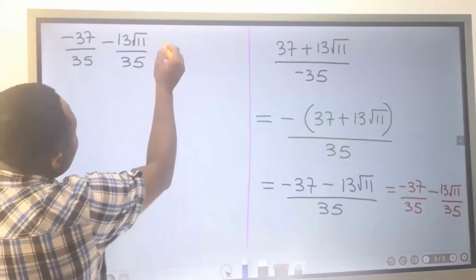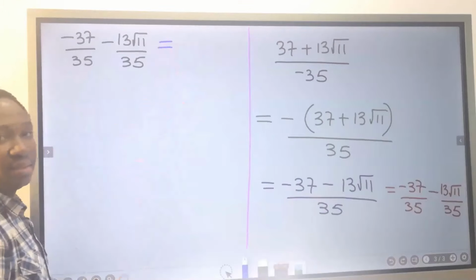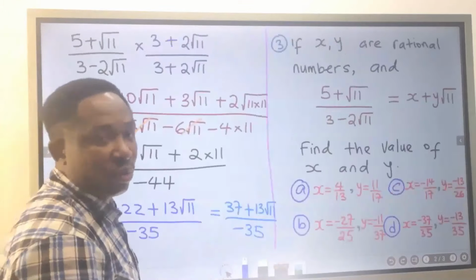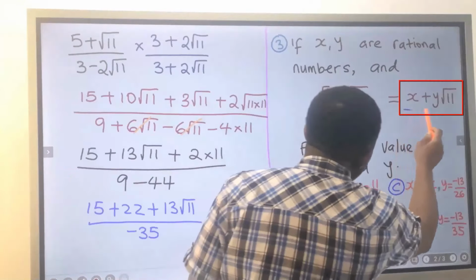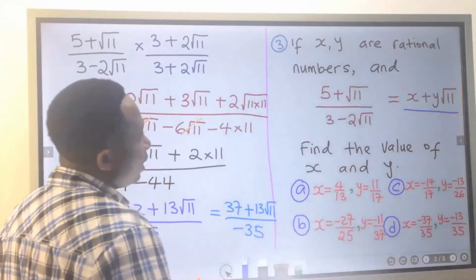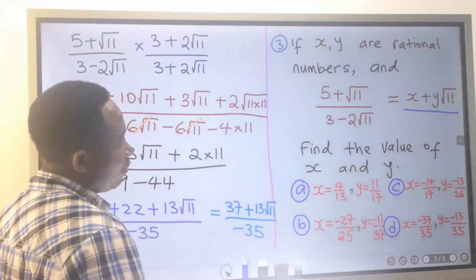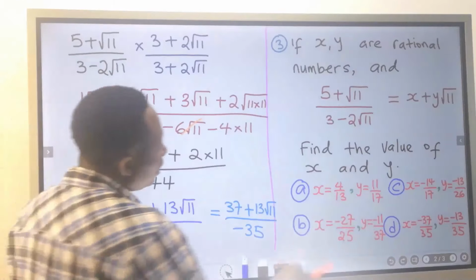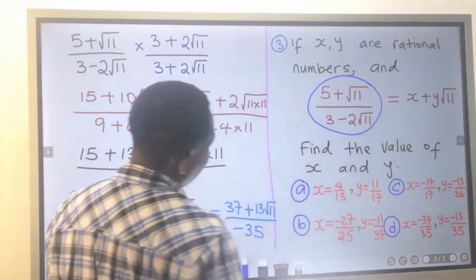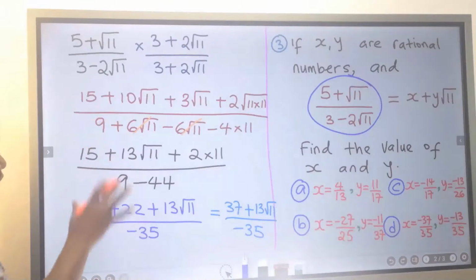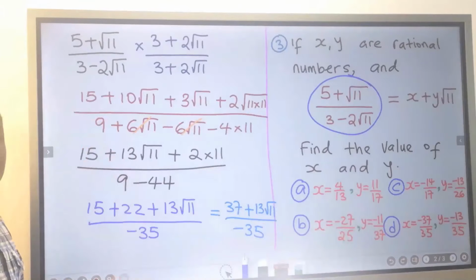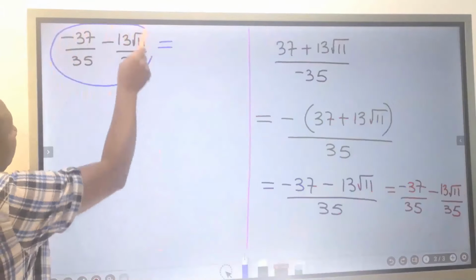Next, on this side of the equal sign and from the question, we have x plus y multiplied by the square root of 11. We actually simplified this through all this process and we obtained this.